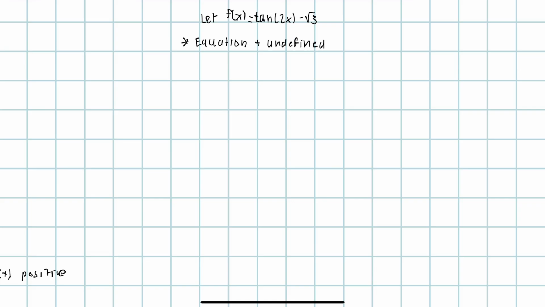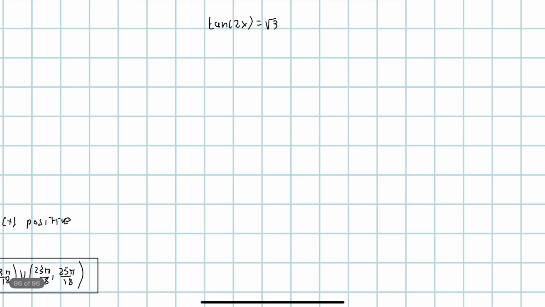What this means is that tangent of 2x is equal to the root of 3 when we create it as our function, and then we solve for the pattern of the input as one of our strategies. We have 2x is going to be pi over 3 plus pi k. This is for the asymptotes equation.